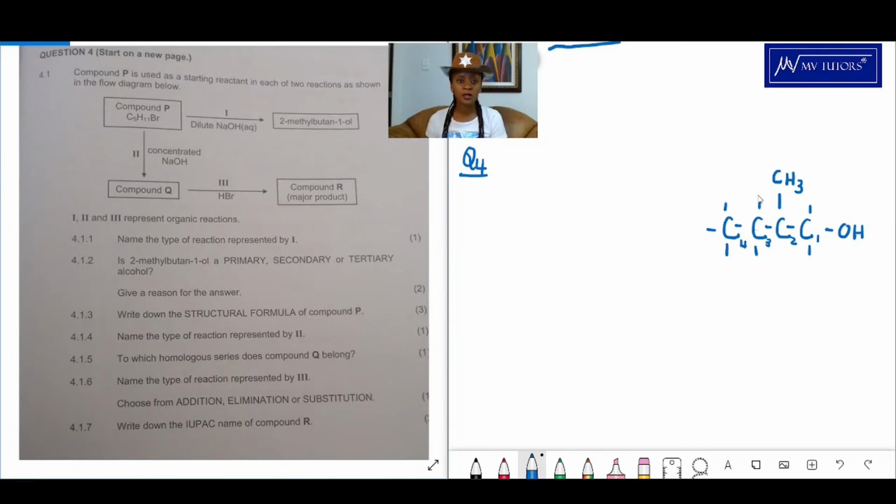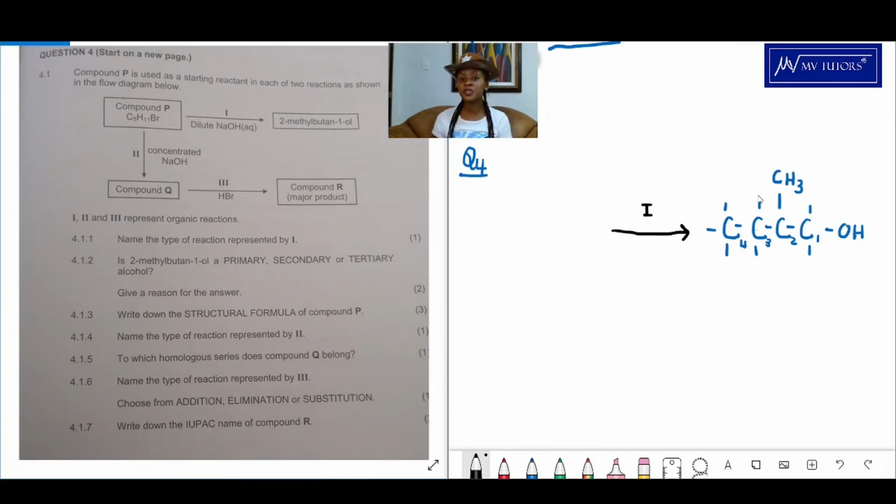Okay, cool. So this is what happens, right? This is our arrow there. I'm going to make the arrows black. And that is reaction 1. So now compound P, okay, it will not look that different from this 2-methyl-butanol, this alcohol. So like I said, how do we know whether compound P is a straight chain or a branch chain?